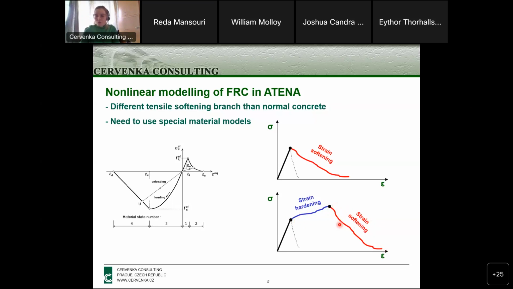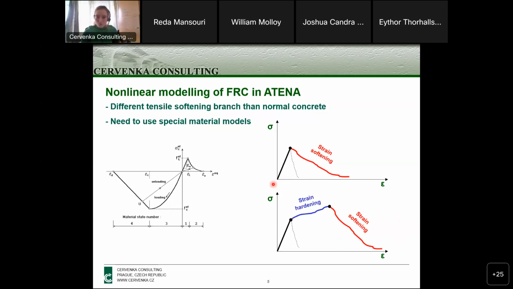During the strain softening, one critical crack is localized and opening, and the other cracks that developed during the strain hardening are closing and unloading while the critical crack is opening.